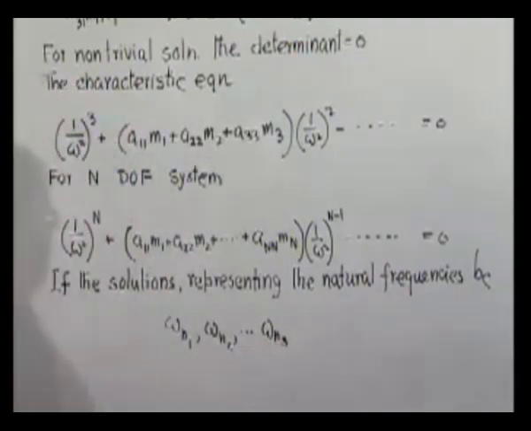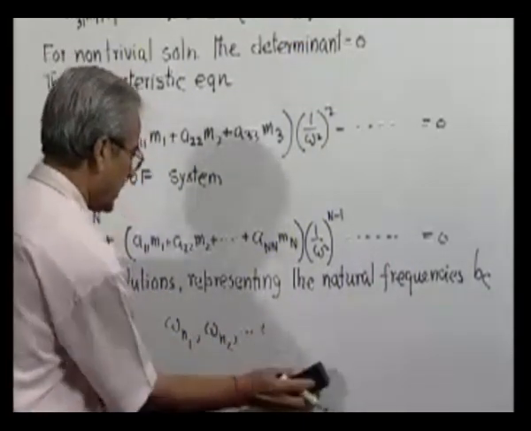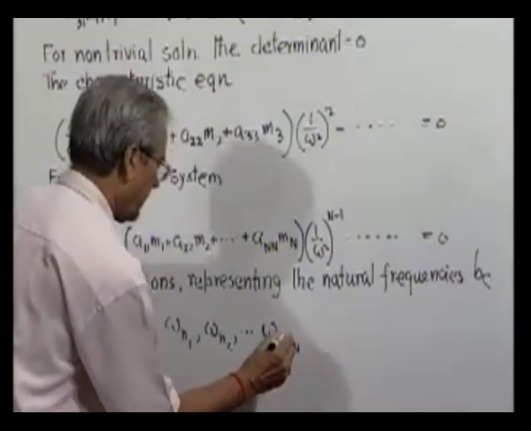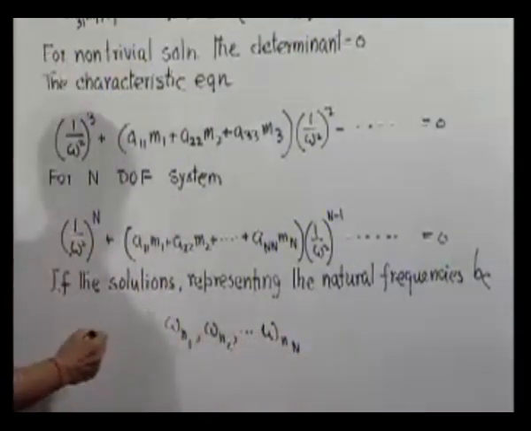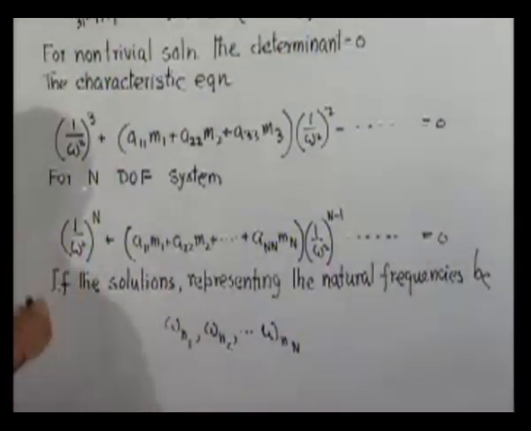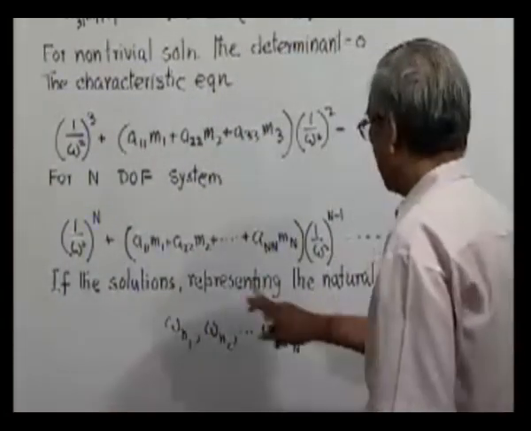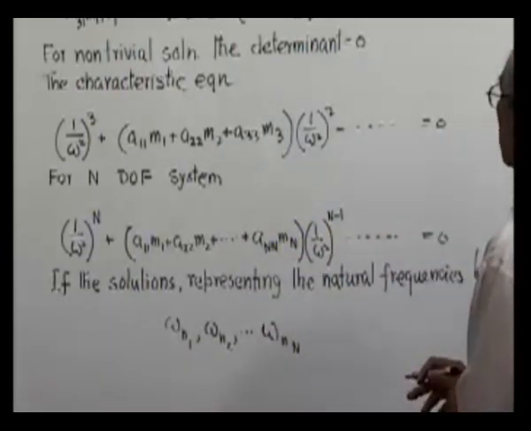Omega n3 is the third natural frequency in this particular case, and in general it will be omega n. Then these are the roots, that means 1 by omega n1 square, 1 by omega n2 square, 1 by omega n3 square, these will be the roots of this characteristic equation.